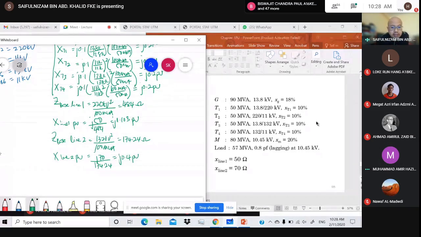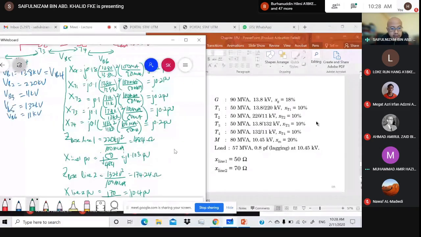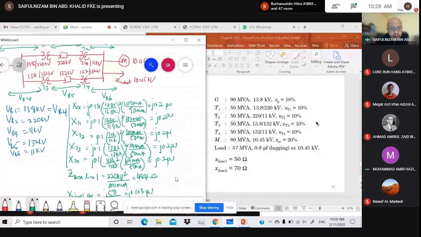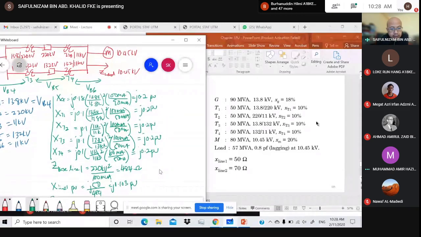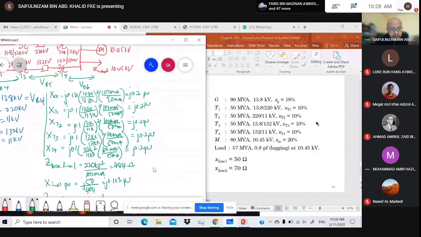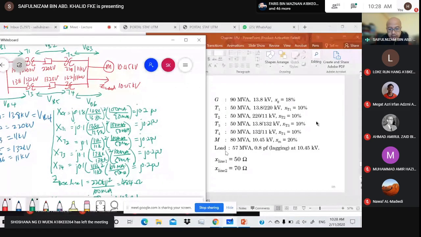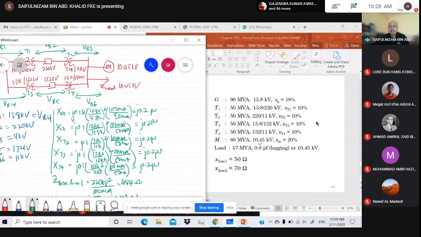We have done with the line, generator and transformer. The final part is the load, the dynamic load and the passive load. You can see from the data here that the load is given in terms of power. Before that, we continue with the motor.